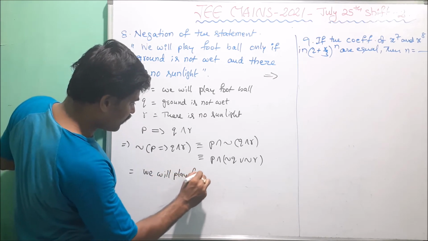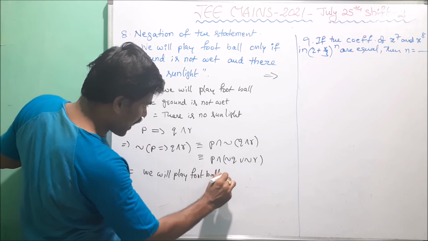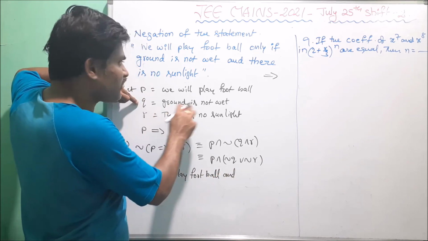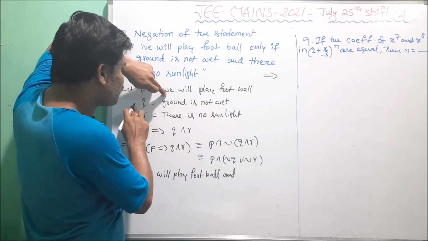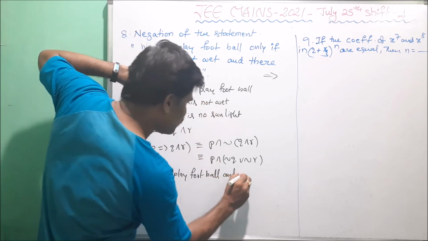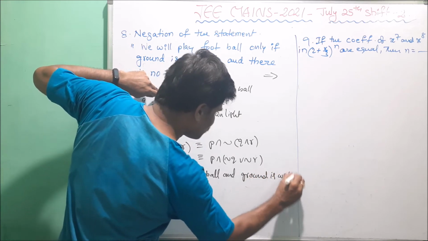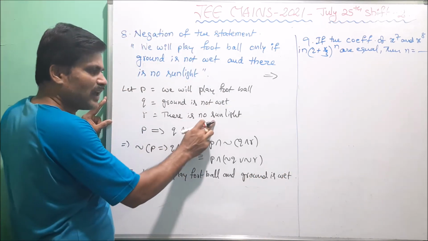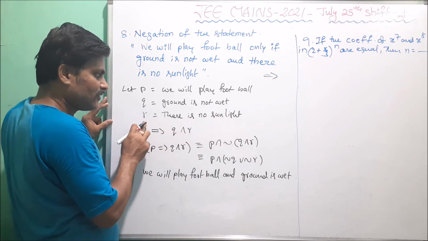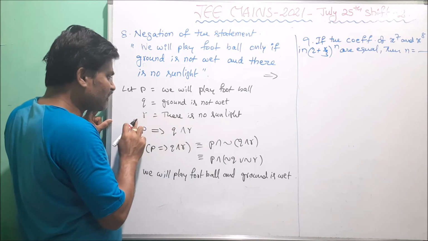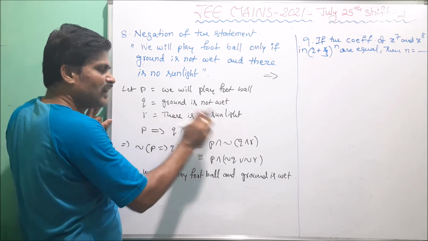And negation Q. Q means ground is not wet. That means negation Q means ground is wet. And negation R. R is there is no sunlight. Negation R means there is sunlight.